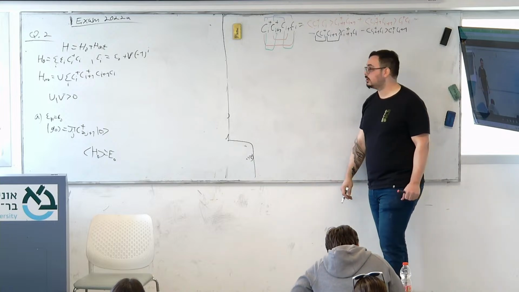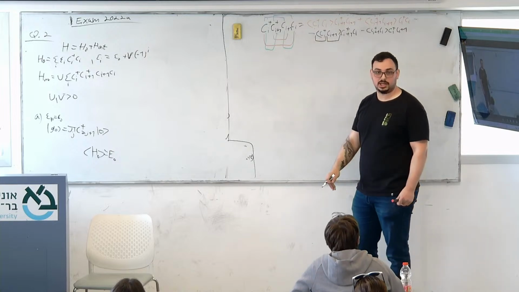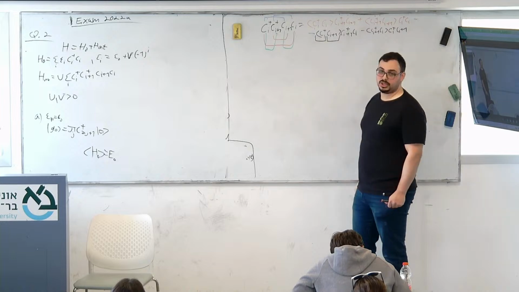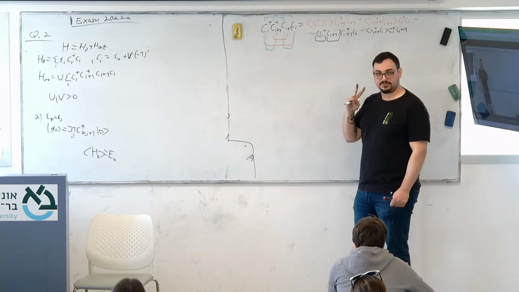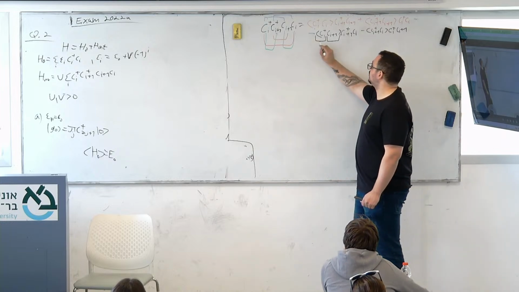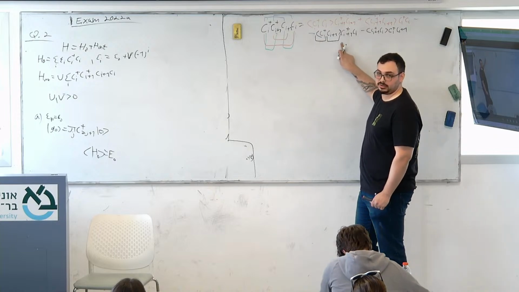Creation and annihilation working on the left is the same as an annihilation operator. So this will annihilate in position I, and this will annihilate in position I plus 1. And even if those two positions are occupied, this state right here will still be different than the state on the right.